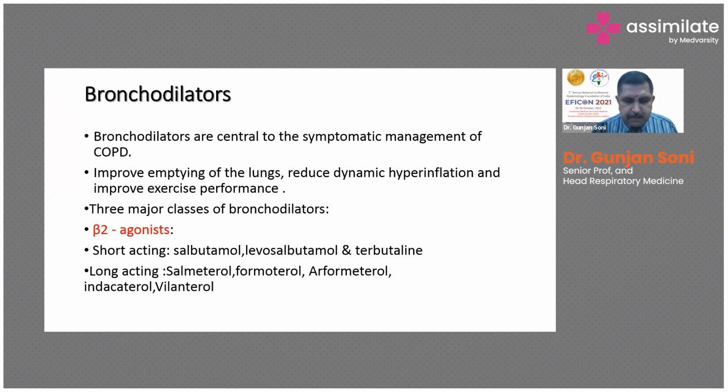But my choice, formoterol will have a quicker action and the action is for 12 hours. So try to use the agent that is having a quicker action, safe and have a long duration. So use a formoterol in patient of COPD.